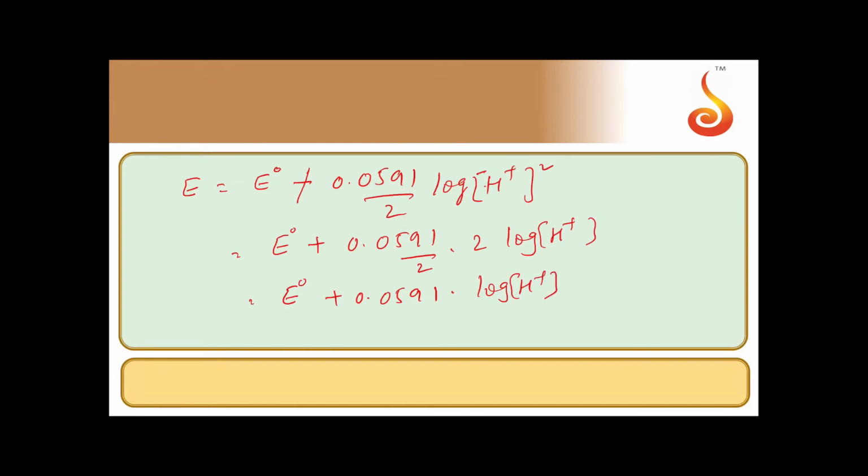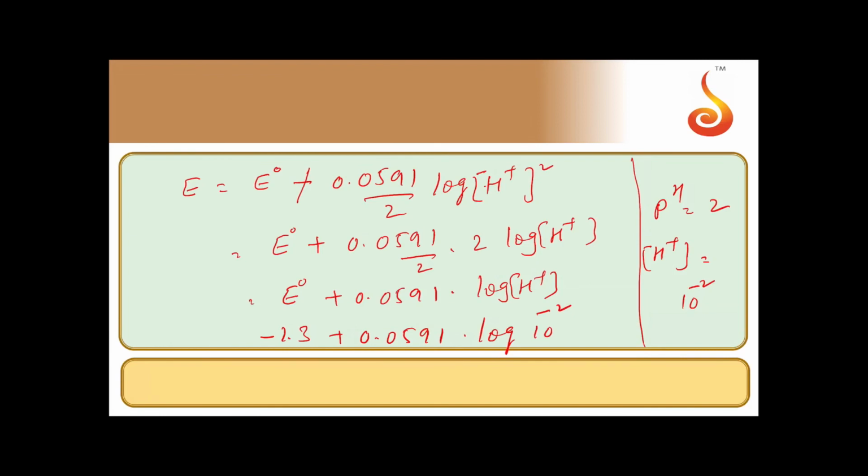Here they gave us pH as 2. pH being 2 means hydrogen ion concentration will be 10 to the power of minus 2. That value we can substitute here. E0 is already given as minus 1.3 plus 0.0591 into log of 10 to the power of minus 2.